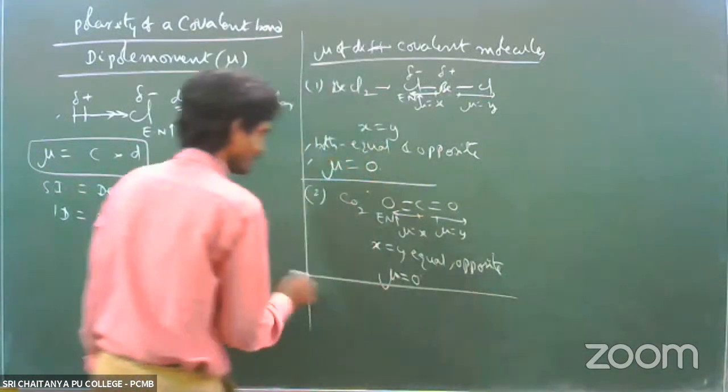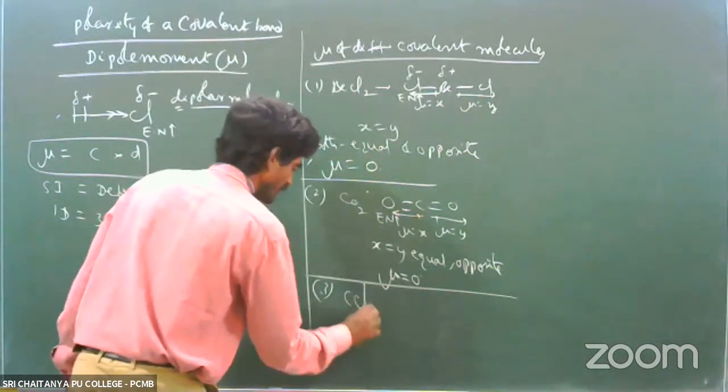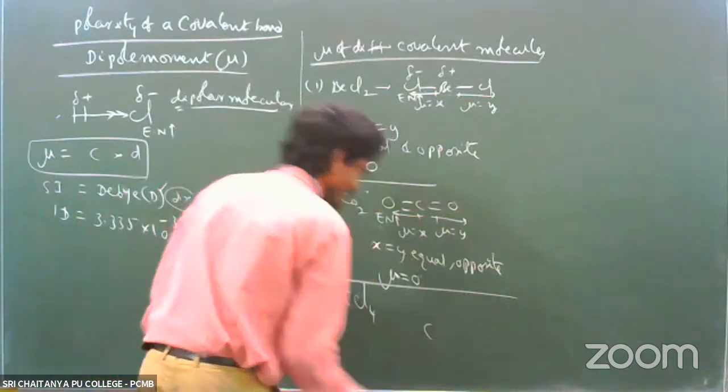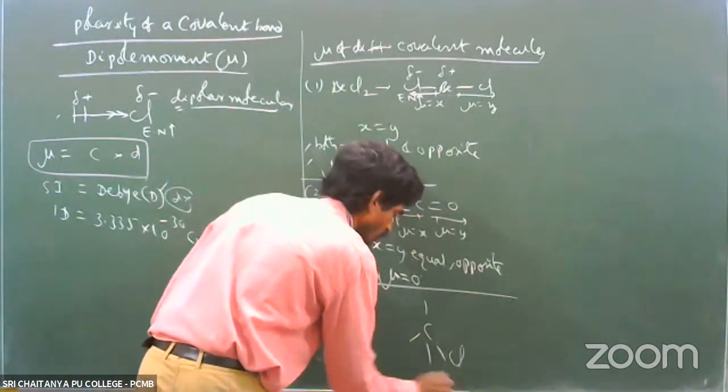The same way, take for example carbon tetrachloride. Here the central atom is carbon, bonded with four chlorine atoms.